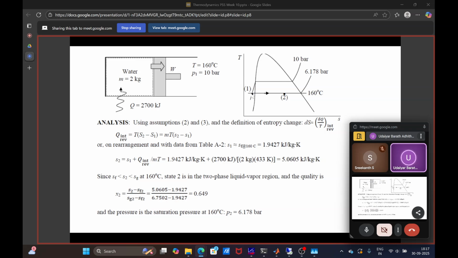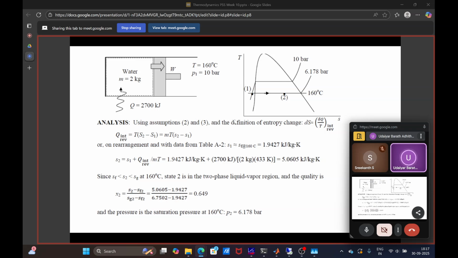Initially you are at a subcooled condition at 10 bar, and you enter a pressure where you have the saturated condition, and then you move into the two phase region. Till it reaches the saturated state you have a reduction in pressure, and then temperature and pressure are constant but volume changes. So you start at 1 and end somewhere at 2. We need to find the final pressure.